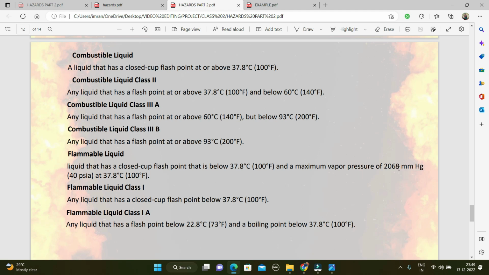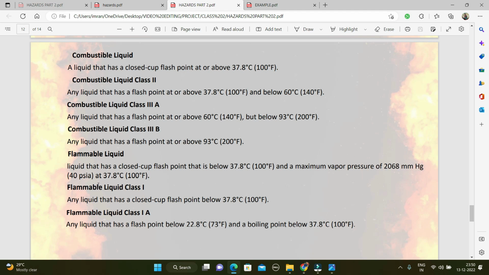It means it can vaporize at this 2068 millimeters of mercury vapor pressure. So below this 37.8 degrees Celsius flash point, we will consider it a flammable liquid.